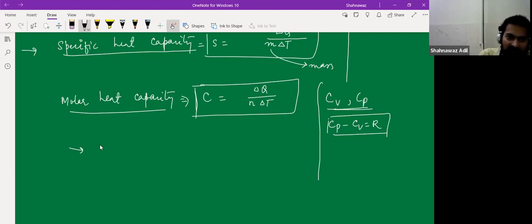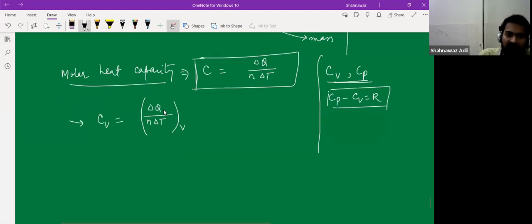So your Cv is delta Q by n delta T at constant volume. This will be your molar heat capacity at constant volume. And you already know that for the ideal case, delta Q is dU plus P delta V. Which thermodynamics law is this?